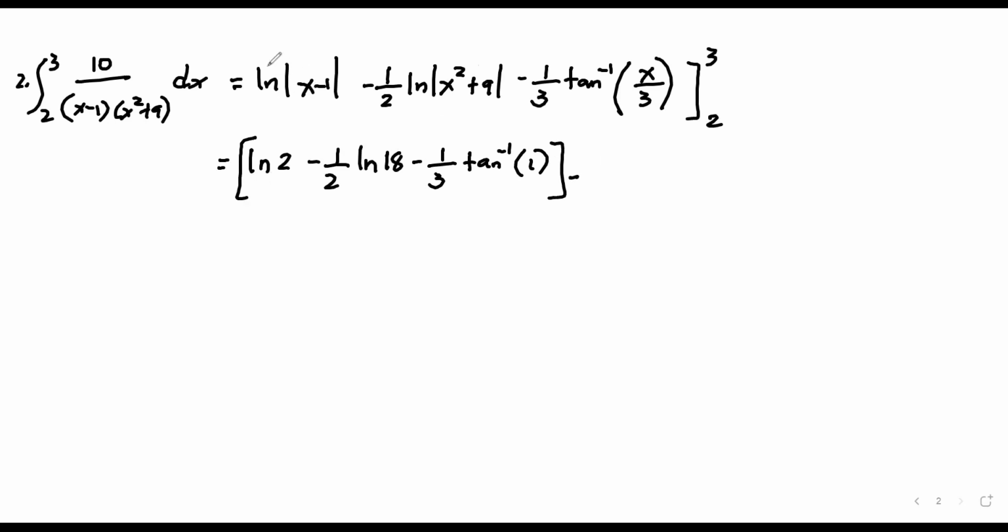minus 2 minus 1, 1. This is 0. 2 squared, 4 plus 9, 13. Negative 1/2 ln absolute value of 13, negative 1/3 inverse tan 2/3.